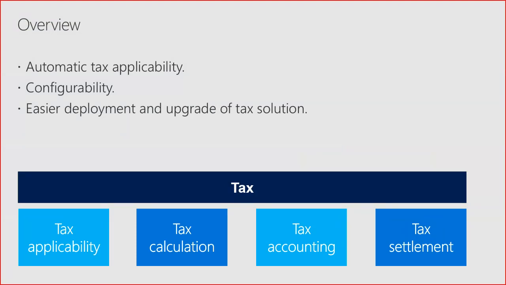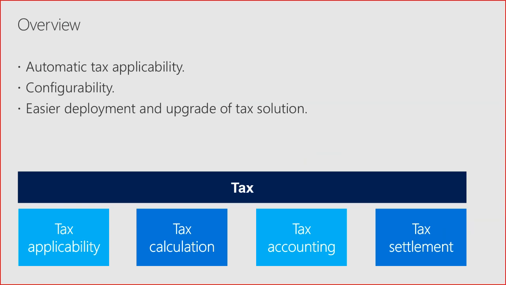Talking about the GTE, basically we bring three main benefits to our customer. The first one is automatic tax applicability. If you are familiar with the old tax engine, there's still a lot of manual work for the user entering the sales document to select the correct tax code.